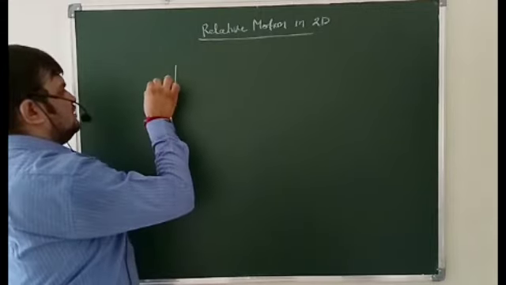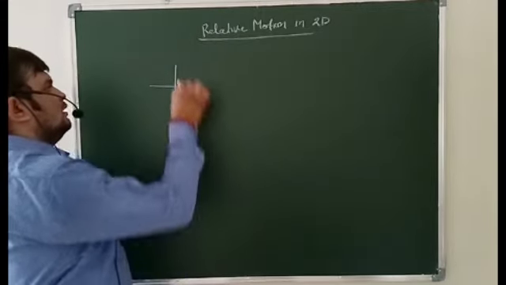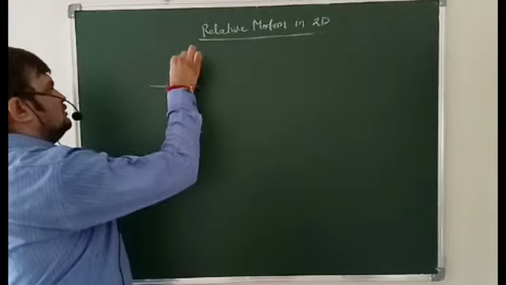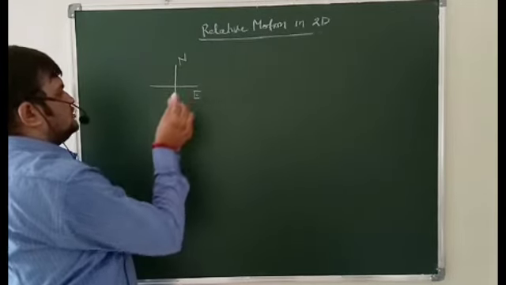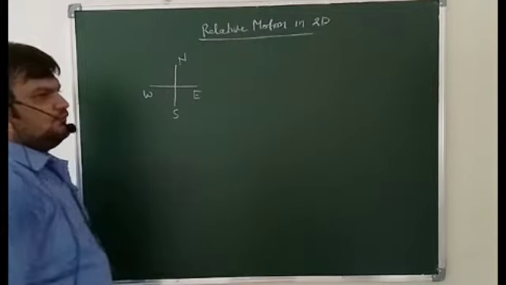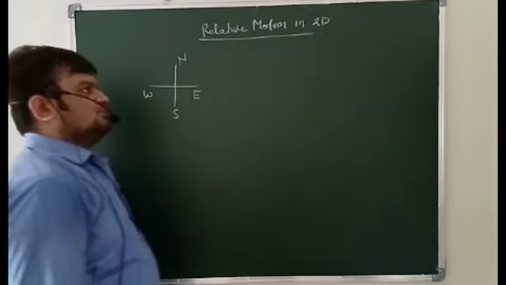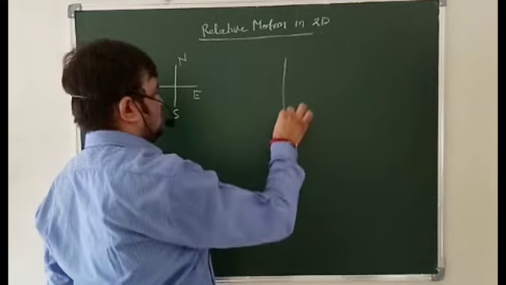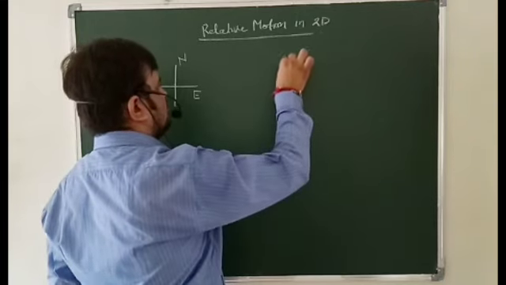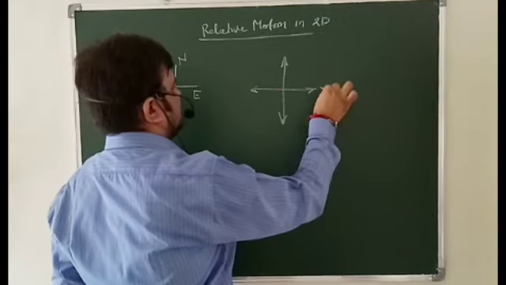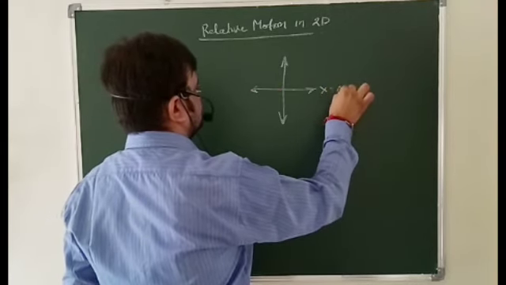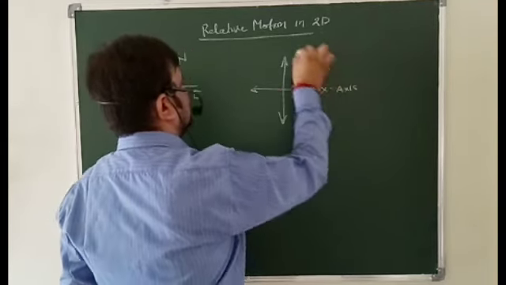First is the sign convention of direction. As per the direction, here we have north, south, east and west. As per the Cartesian coordinate system, we have an x-axis and y-axis.